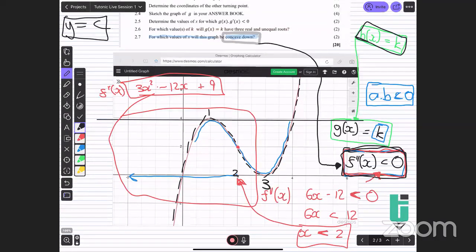Do you see what I'm saying? That's why it's so powerful in maths to have an approach to multiple questions, to multiple concepts. So that's why we make the concept videos.